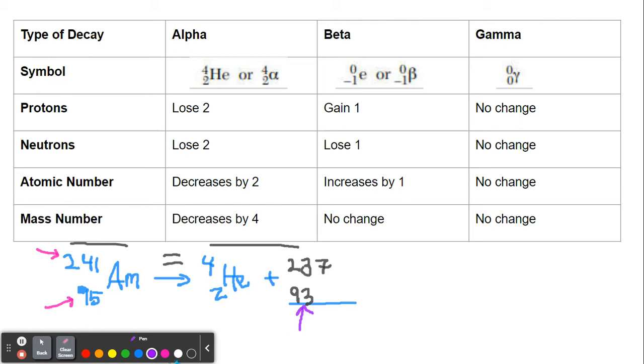And when I look on my periodic table, I'm going to say, hey, number 93 on the periodic table is neptunium. So neptunium is my new stabilized atom that's gone through alpha decay. And that americium turned into neptunium once it went through that decay process.